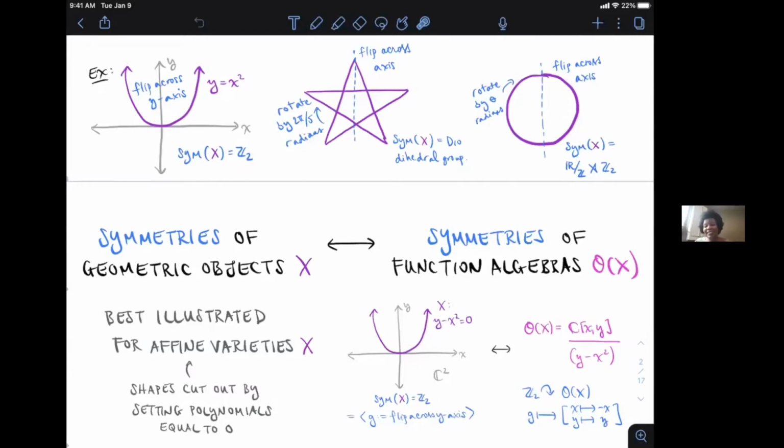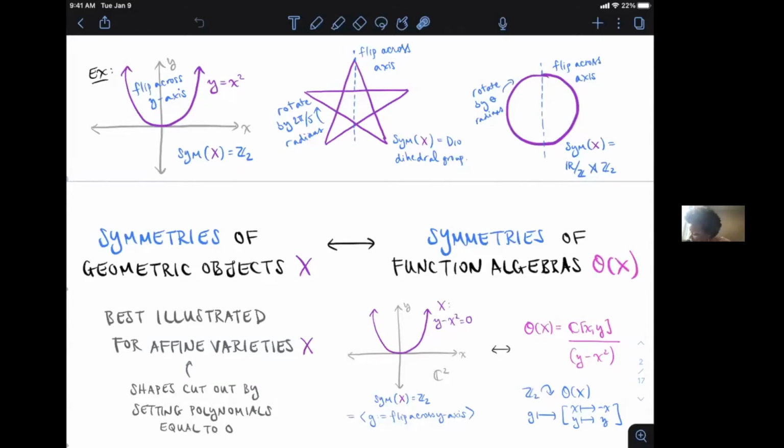But I can translate this over to the algebraic side by taking coordinate algebras. The coordinate algebra of this whole space is the polynomial ring in the two coordinates x and y. And then I have to force this equation to be equal to 0, so I kill this ideal here. The way that symmetries get encoded on the algebraic side is via a group action.